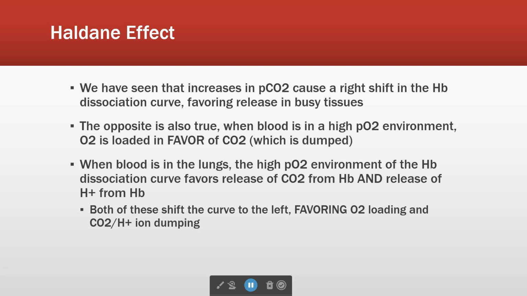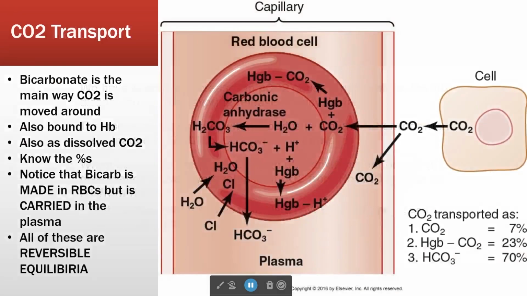The same thing that's happening with oxygen happens in reverse with CO2 because of the Haldane effect. All right. So when blood is in the lungs, high PO2 favors release of CO2 from hemoglobin and release of hydrogen ion from hemoglobin. And both of those things then result in CO2 dumping.